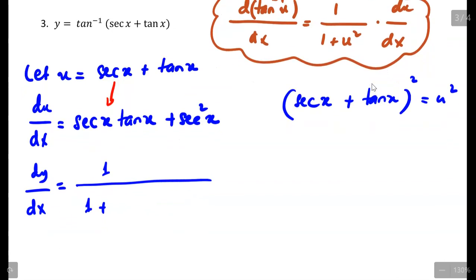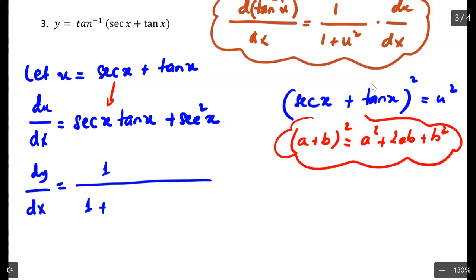So let me remind everyone of these formulas, the special products. I will follow these formulas and put everything in here. So I will have secant squared of x plus twice secant x tangent of x plus the tangent squared of x.